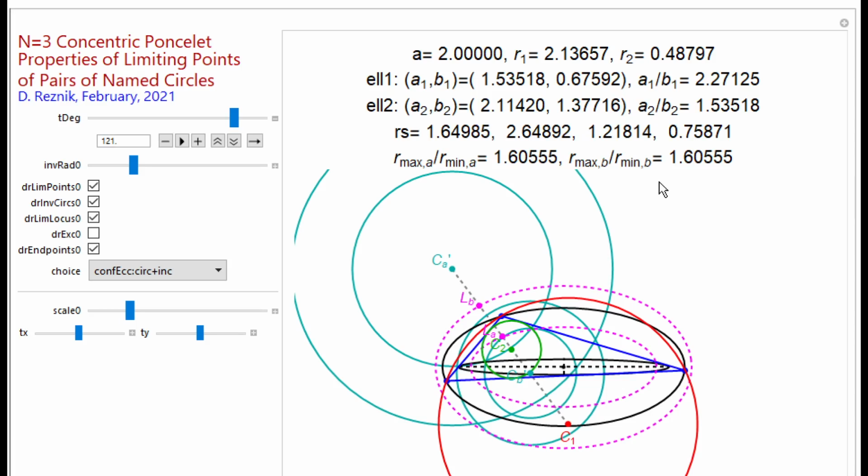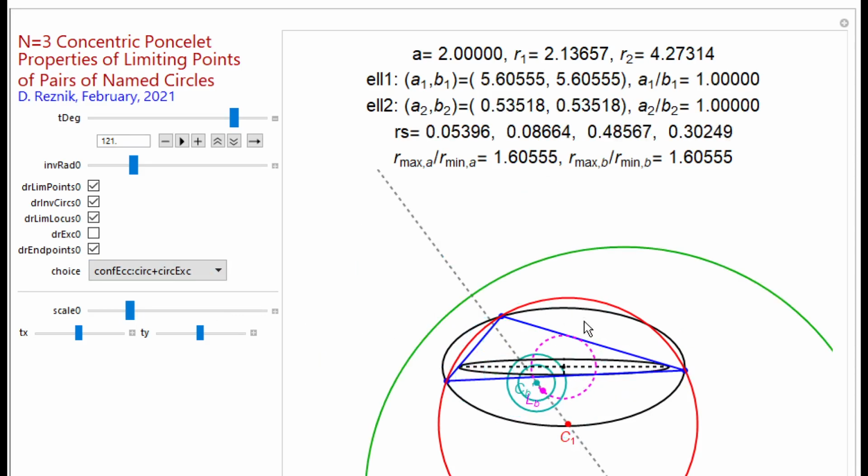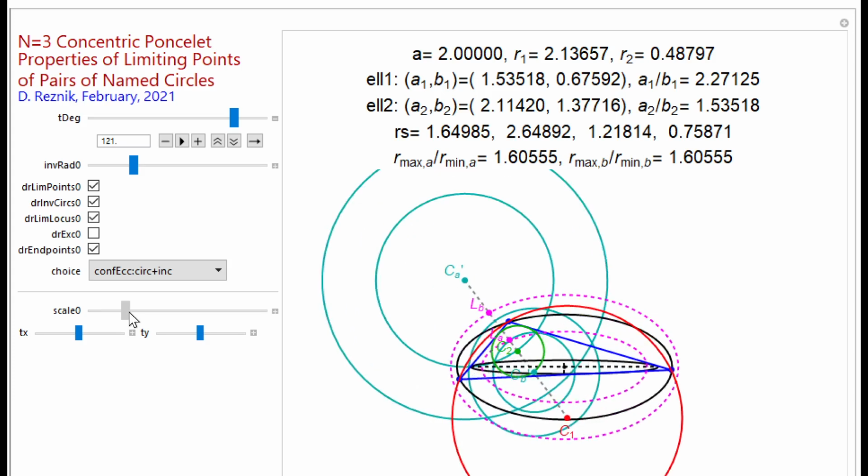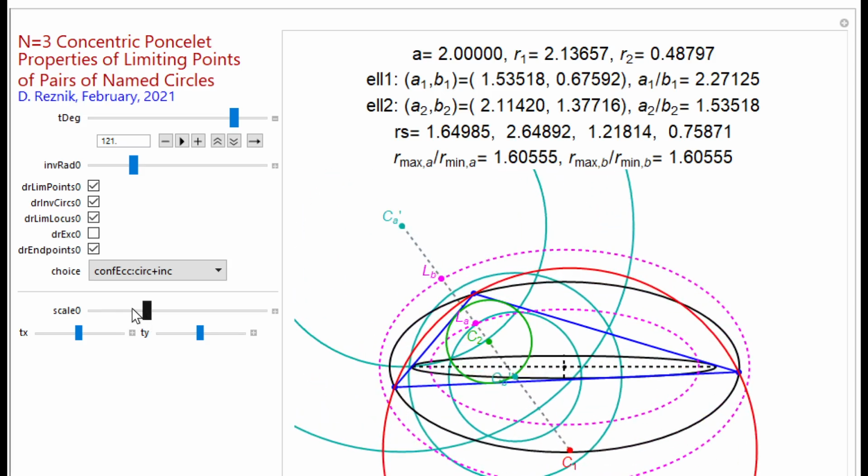Even though in the first case the locus of my limiting points were circles, as we saw before, and now the locus of these limiting points are two ellipses, yet that ratio of concentric radii is the same, meaning that there's a new result here.